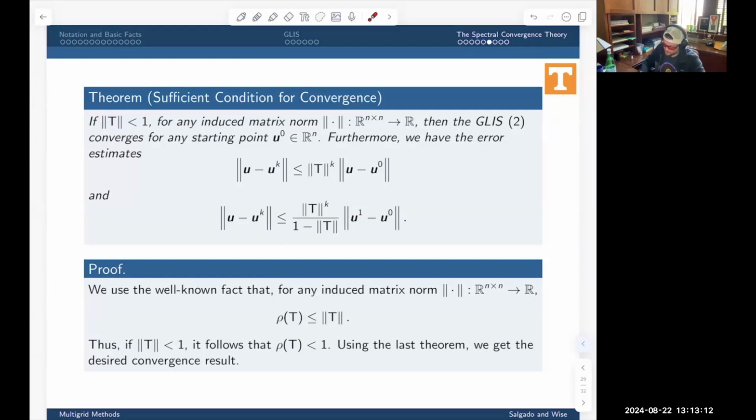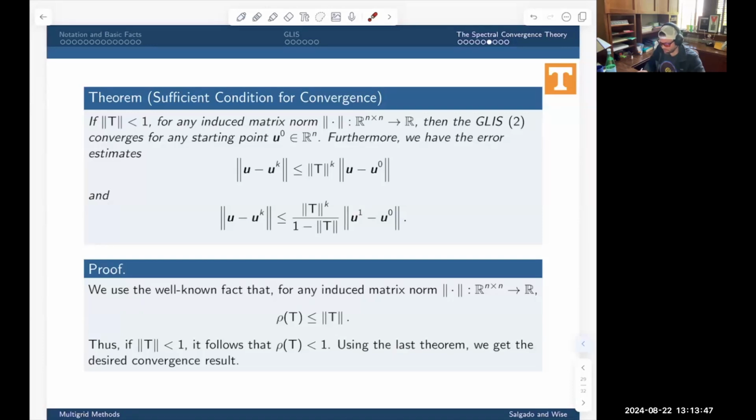So for any induced matrix norm, the spectral radius is always less than or equal to the value of the norm of T, as long as the norm is an induced matrix norm. So this means that this is a sufficient condition, not a necessary condition. If we know that the norm is strictly less than 1, then just using this basic inequality, clearly the spectral radius must be strictly less than 1.